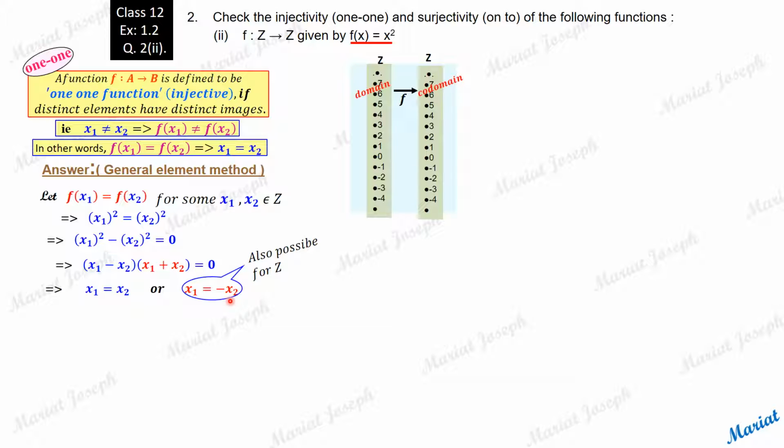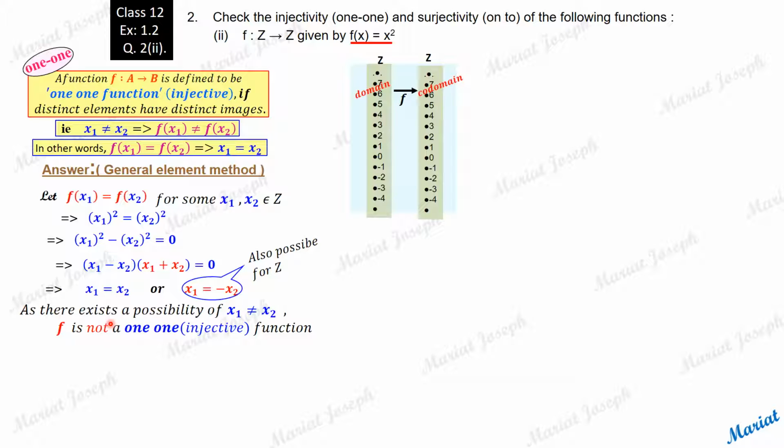So here it looks like, when the images are equal, it is not strictly implying that x1 and x2 should be equal. There are other possibilities also. So when the images are equal, the pre-images may not be equal. The pre-images can follow this way also.